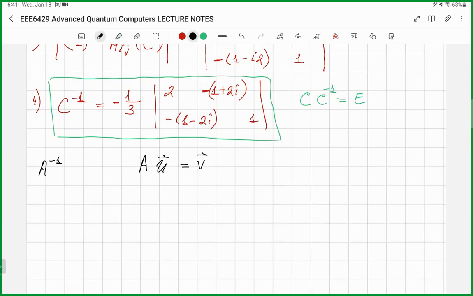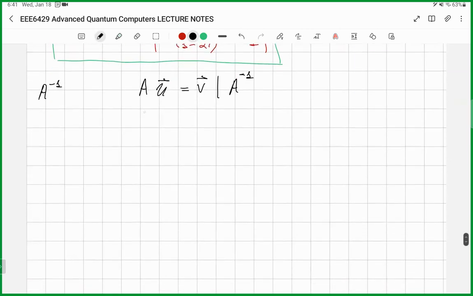But now, what's the meaning of the inverse matrix? Let's multiply this by the inverse matrix on the left side. It means that I put A to the power of minus 1 here, then matrix A, then vector u, equal to A minus 1 times vector v.